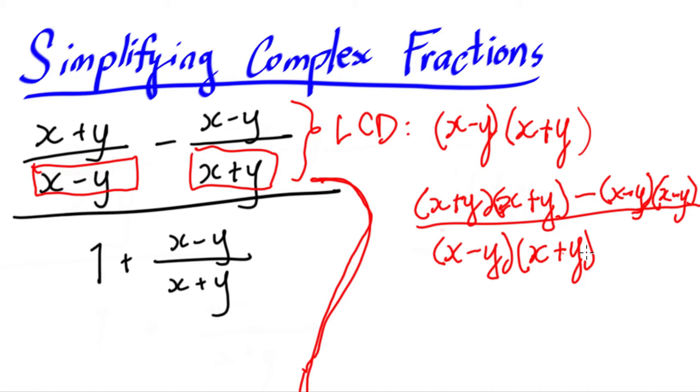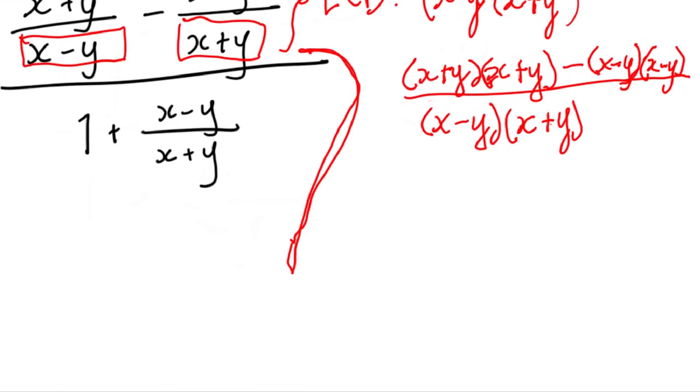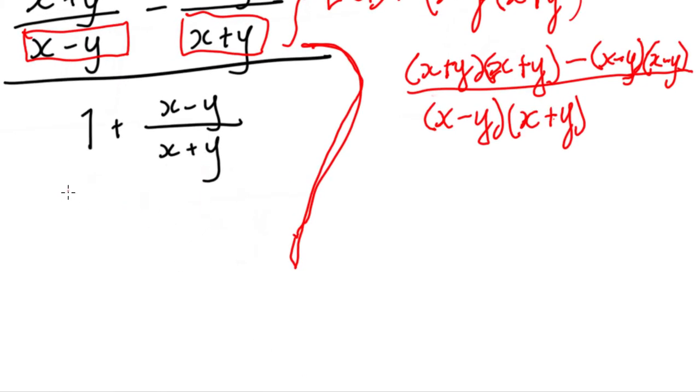Next, maybe we can hold it there before we do the simplification. Maybe we can cancel out some things when we talk about our denominator. For our denominator, we also need to find the LCD, the least common denominator.